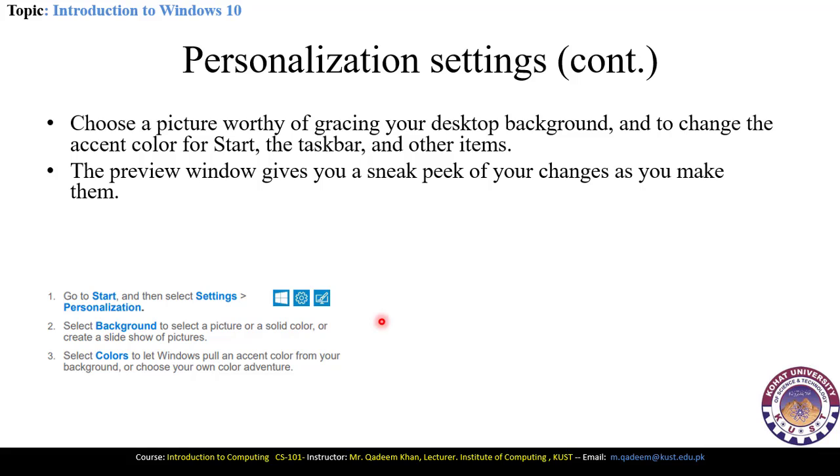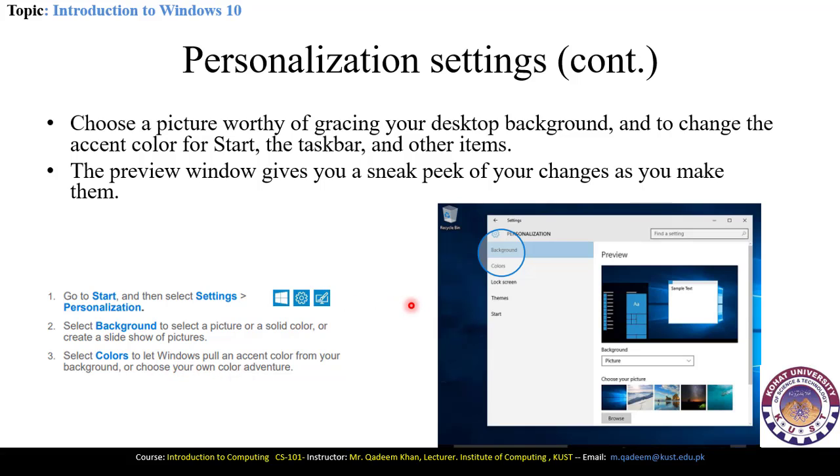For this purpose, click on Start, then select Settings, then select Personalization, then select Background so that you can set the background picture of your desktop, or you can also set solid colors for your background. Select the colors to let Windows pull the accent colors from the background. So when you click on the background, you can set any sort of picture or screenshot here.